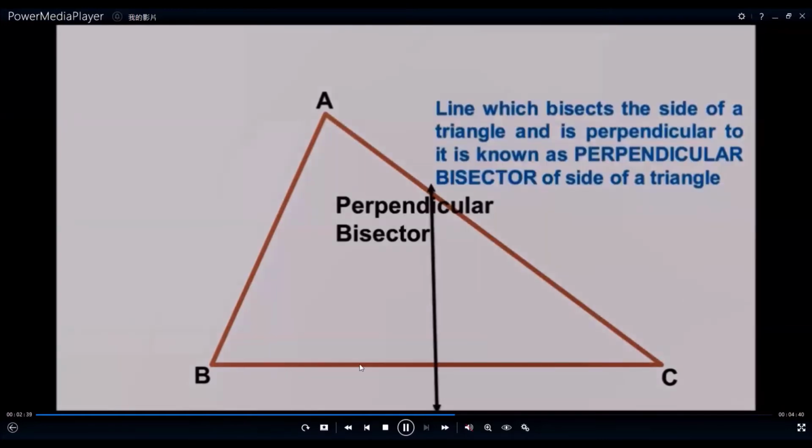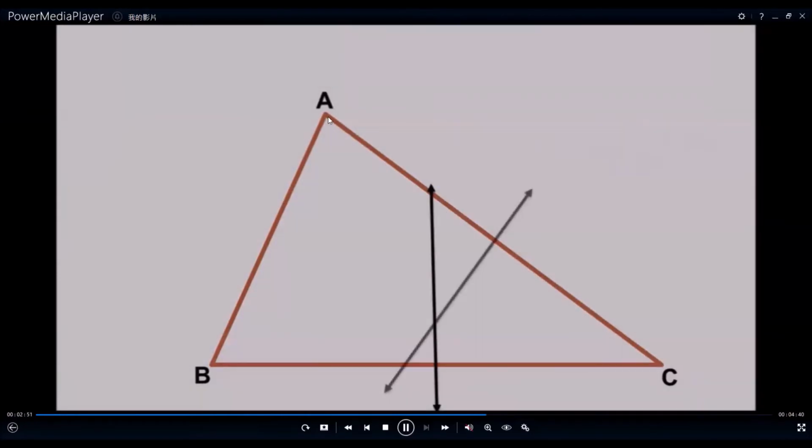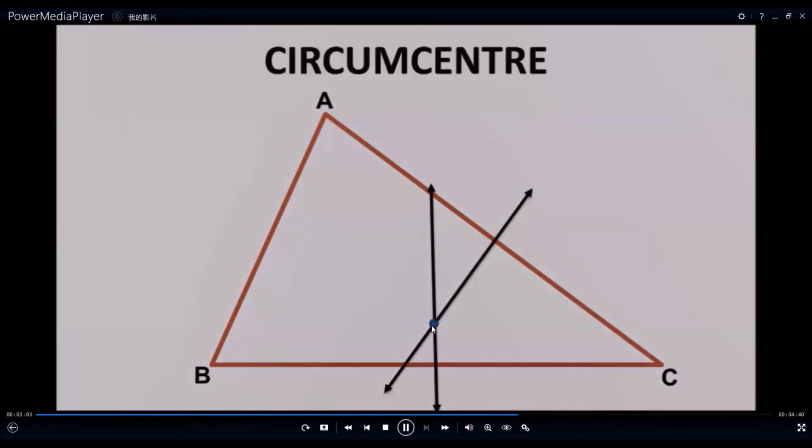So we call it perpendicular bisector. Again, from BC, we have a perpendicular bisector. And then we can see that from AC, there's another perpendicular bisector. These 2 perpendicular bisectors intersect at a point. We call it circumcenter.